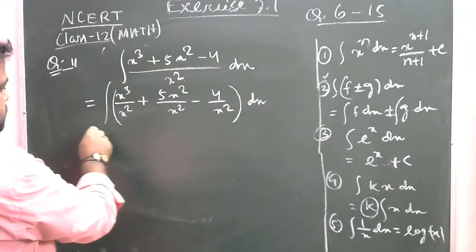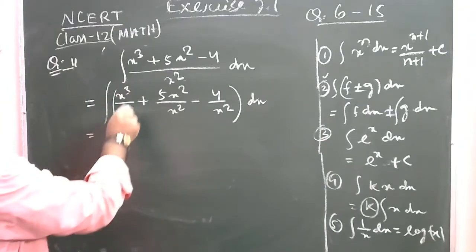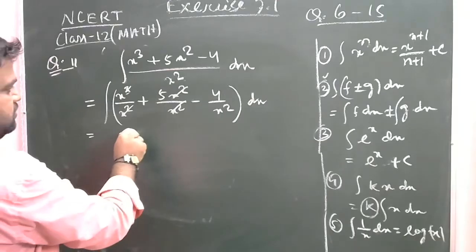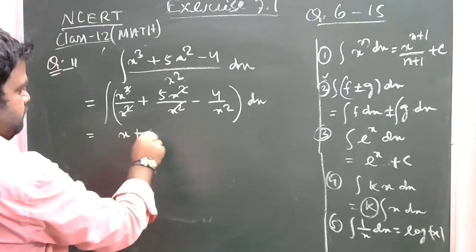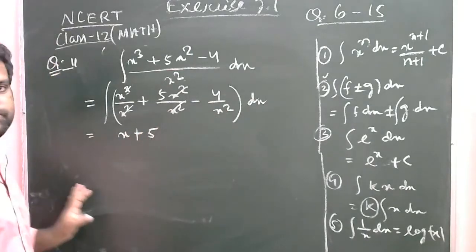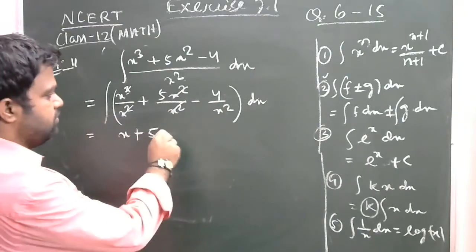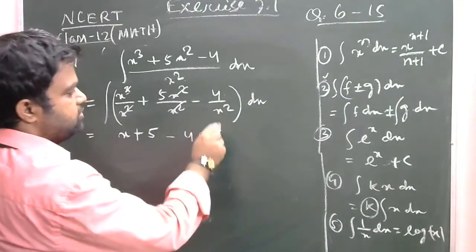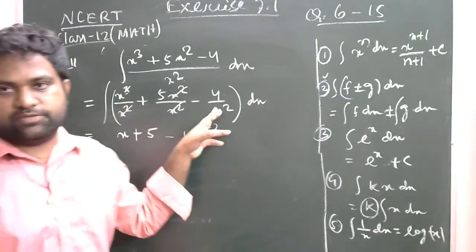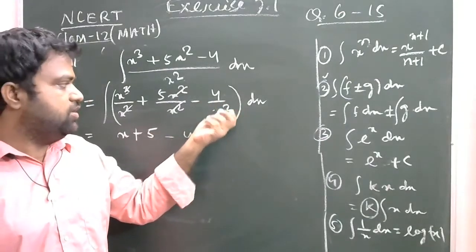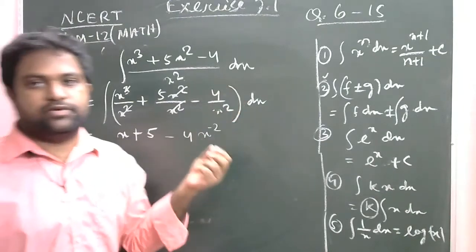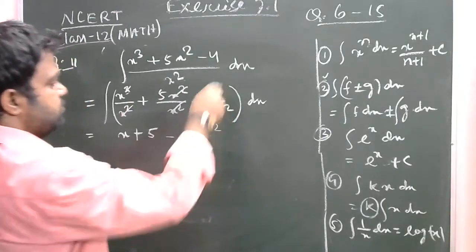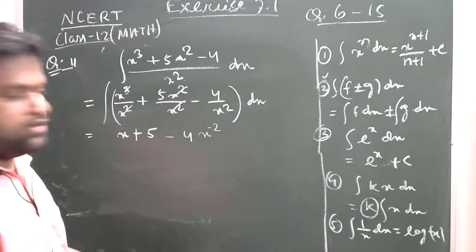So x cube divided by x square, x square cancels, so what will be there is x plus 5 for this term, minus 4 upon x square. If something is in the denominator with a power and I take it to the numerator, the power will be negative. So this will become x to the power minus 2.